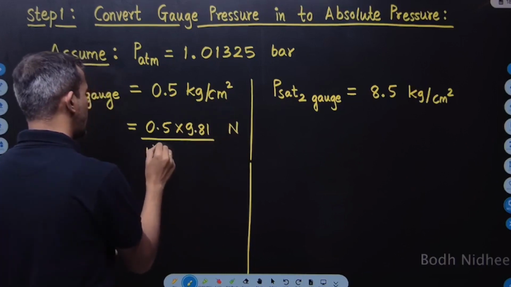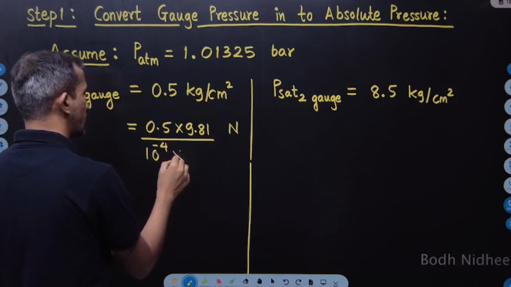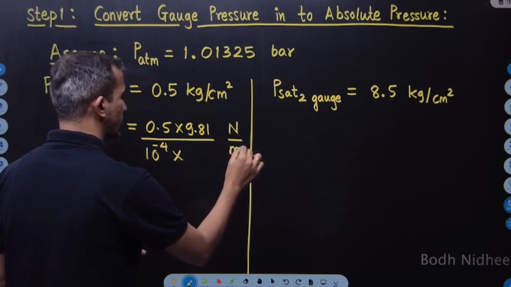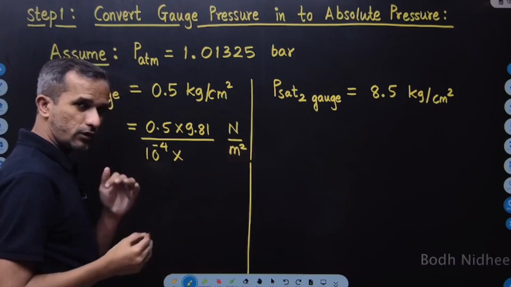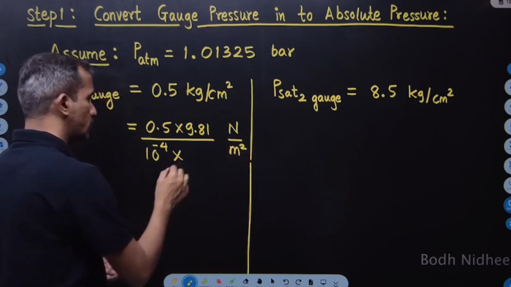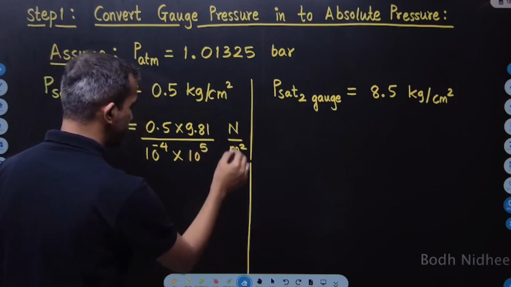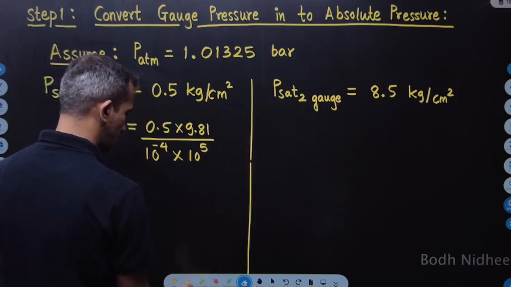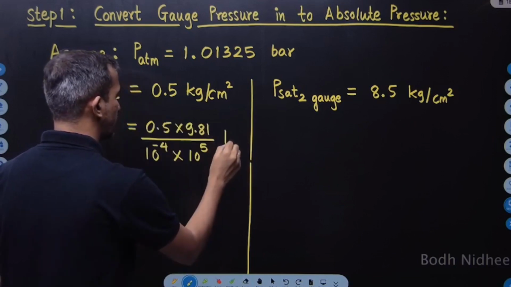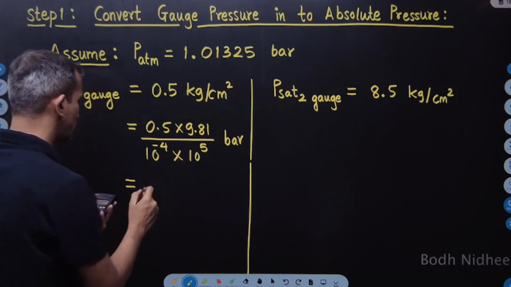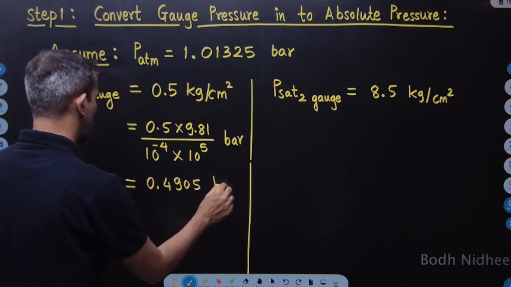For that I will multiply it with 10 to the minus 4, and this becomes Newton per meter square, so this becomes Pascal, right? I want to convert this Pascal into bar, so for that I will multiply it with 10 to the 5. So now it has become bar, right? If I calculate this, it comes to be 0.49 bar.